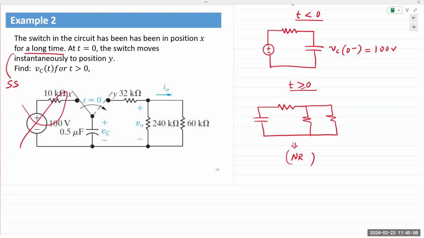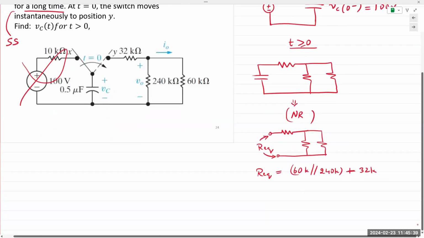And we find Req as seen by the capacitor. It's actually very similar to the previous problem: 2 resistors in parallel with the one in series.